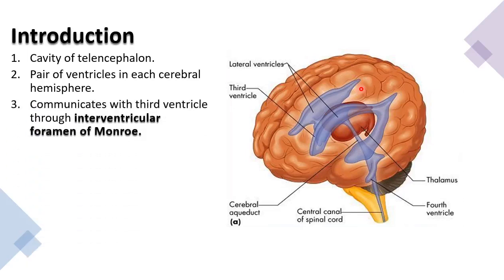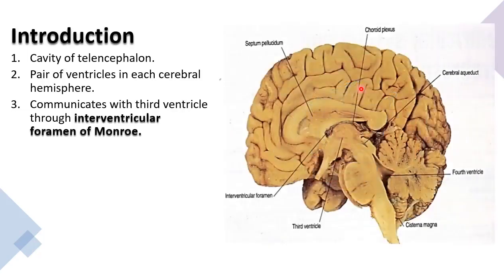There are two cavities, one on either side, and each communicates with the third ventricle, as I told you, through the interventricular foramen of Monro. Here you are able to see that foramen. This is the cavity of the lateral ventricle, which is closed medially by a septum called the septum pellucidum. If you remove the septum, you enter the lateral ventricle.